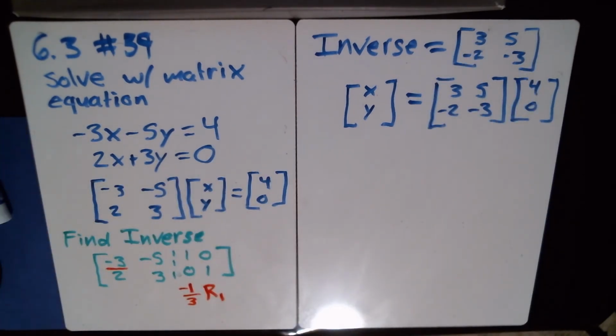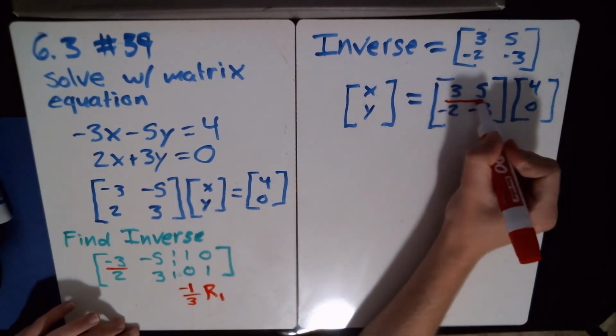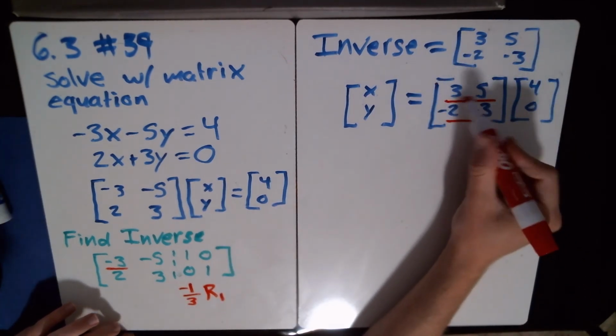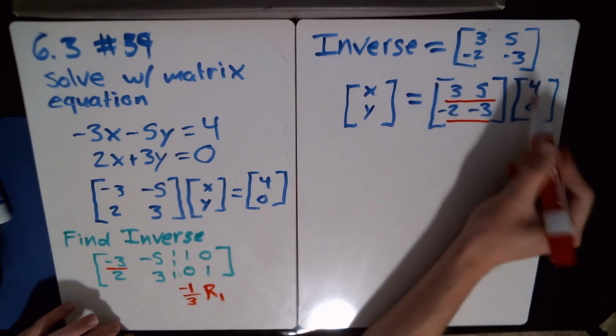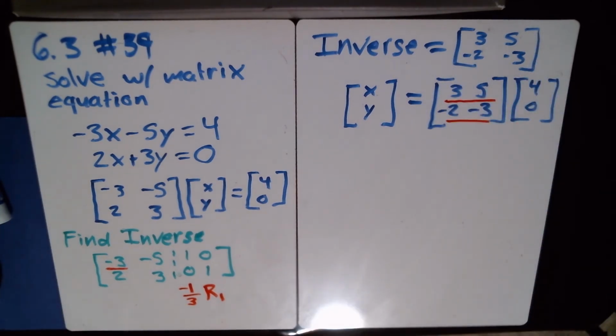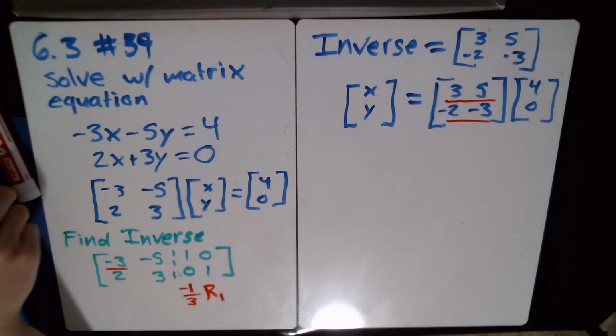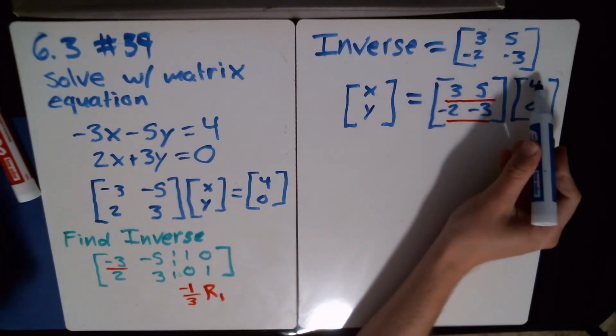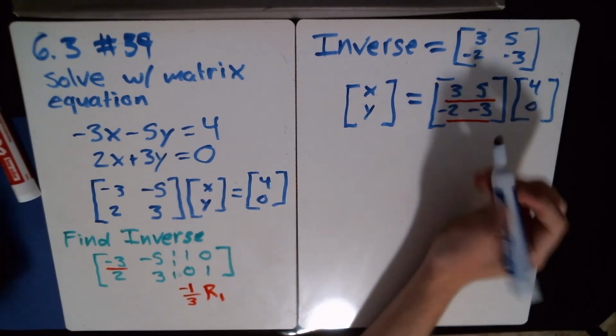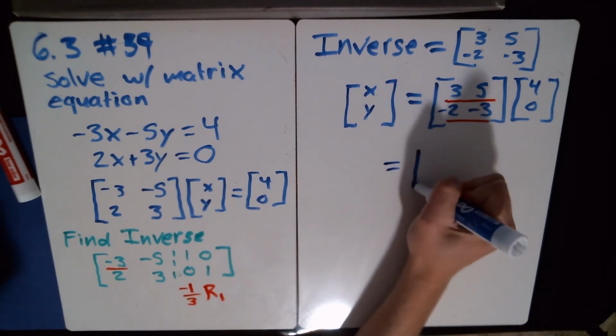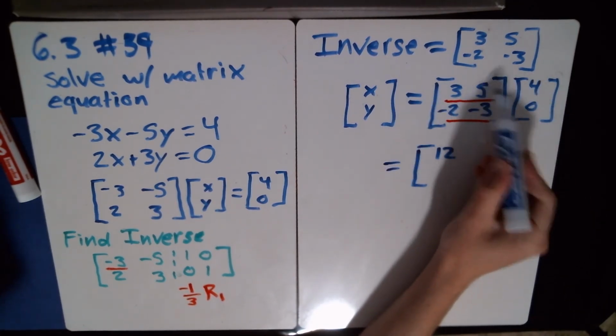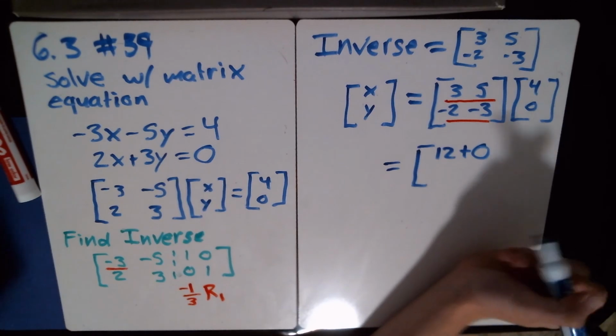Okay, so remember, when you multiply matrices, you take rows of the first matrix times columns of the second. So we're going to do 3 times 4 is 12. And then 5 times 0 is 0.